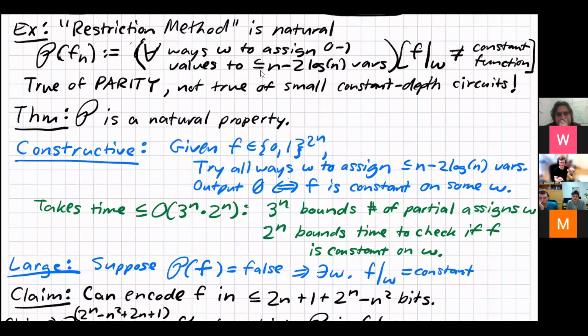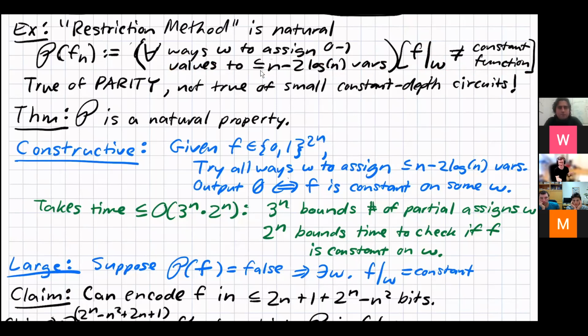The negation of that, saying that it's hard, is saying that for all the possible ways that you might assign 0, 1 values to all but 2 log n variables, the function you get after this assignment, which is what I mean by this restriction, is not constant.